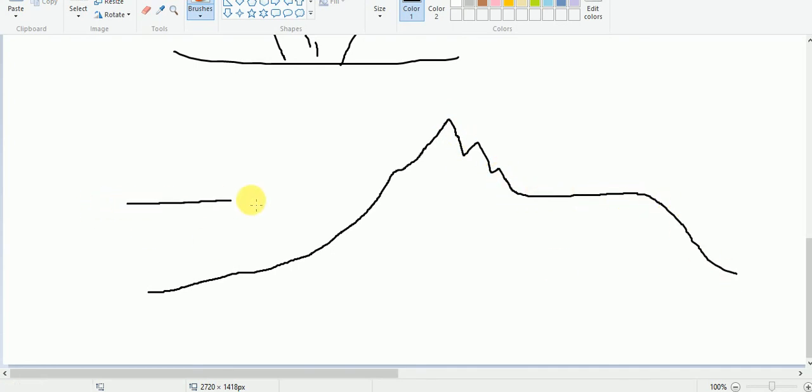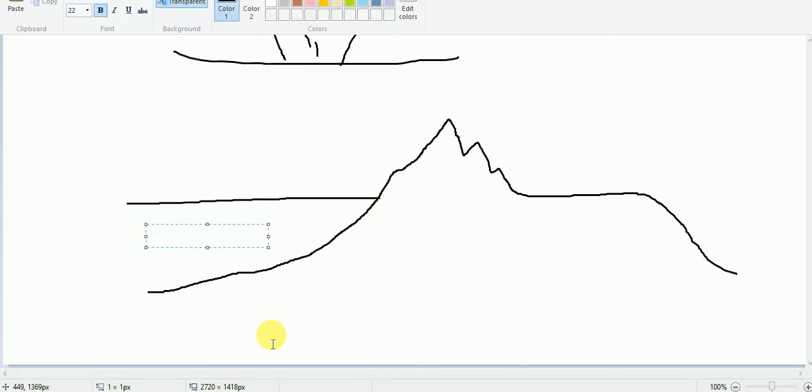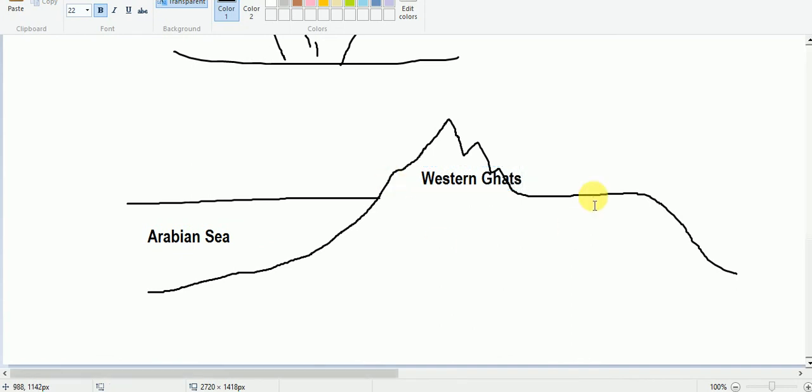And here we have the Arabian Sea. I am drawing the cross section. This is the Arabian Sea, this is the Western Ghats, and here we have the plateau.